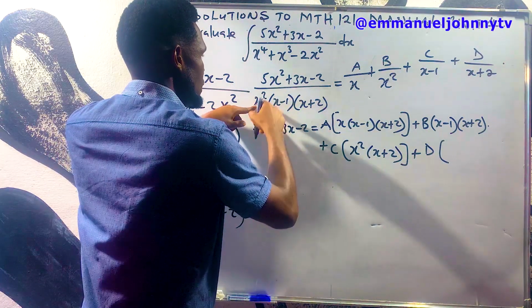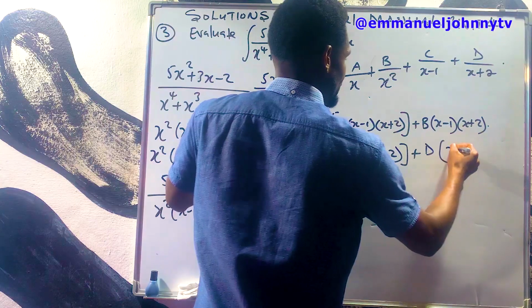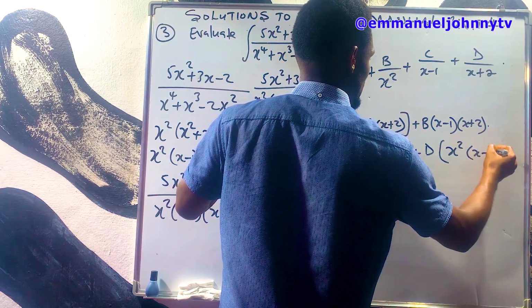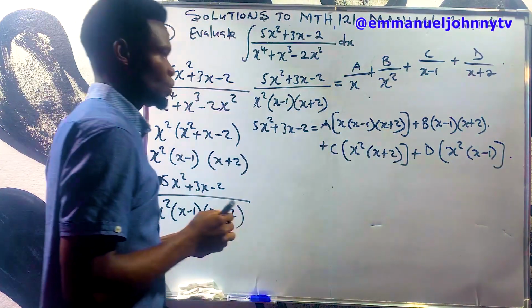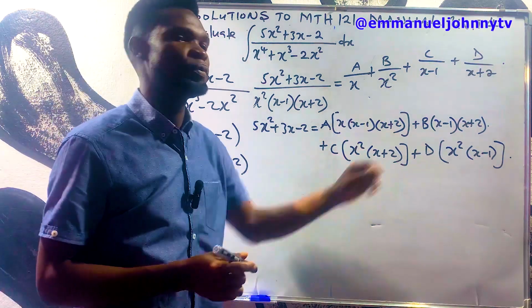So you are left with x squared into (x - 1). Okay, so you've cleared the fraction.